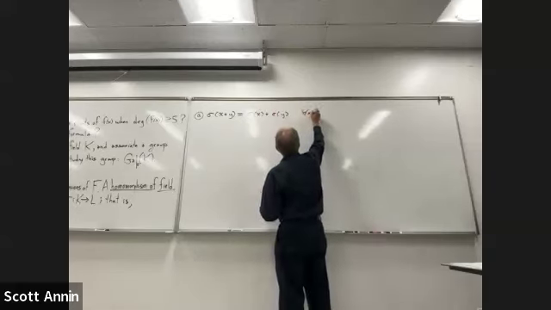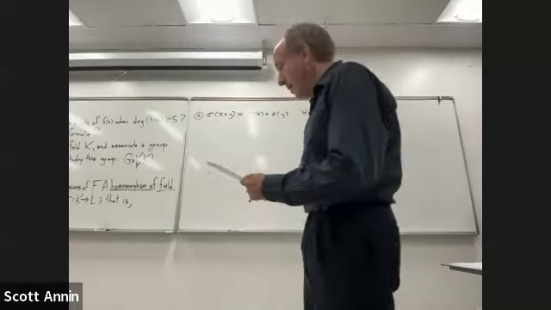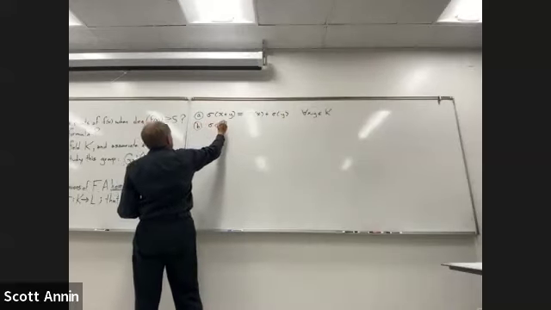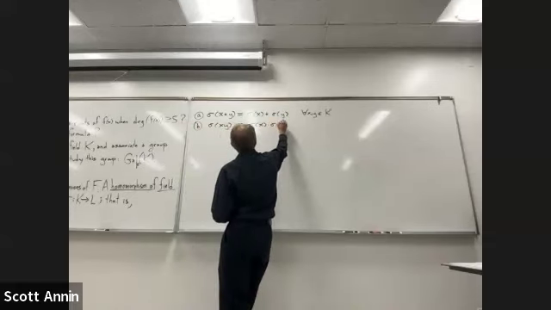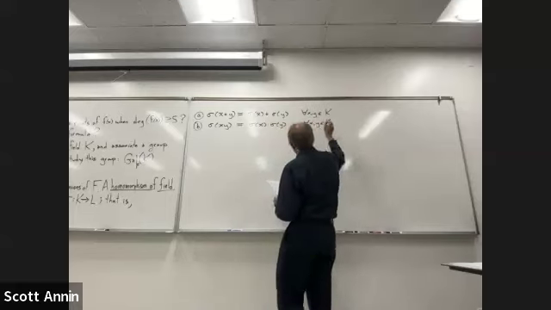This would be for all x and y in K, right? And then secondly, sigma of x times y should equal sigma of x times sigma of y, again, for all x and y in K.